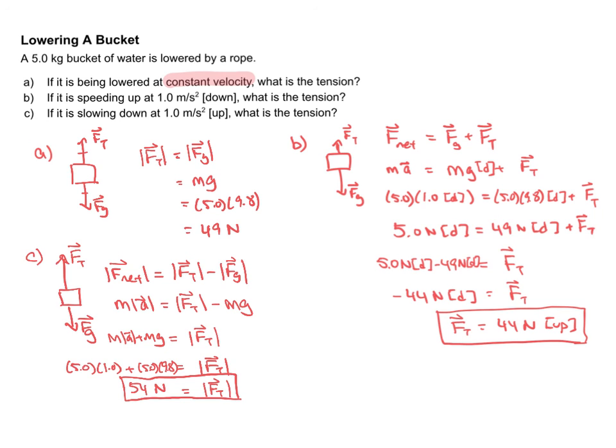Well, the direction is going to be up. So the disadvantage of using magnitudes is you kind of lose the direction in your steps, but you can just add it back at the end because it's kind of intuitive. I know this thing's accelerating up, so I know that my tension is going to be up. So I can just add that in at the end like this. That would be the final answer.